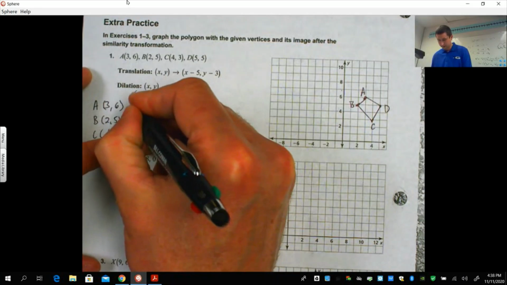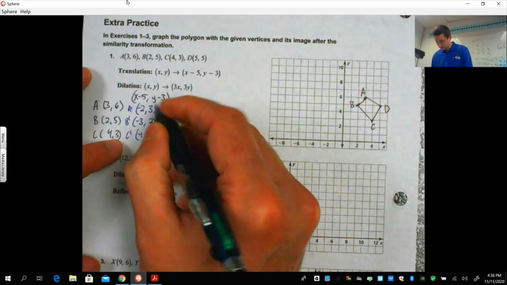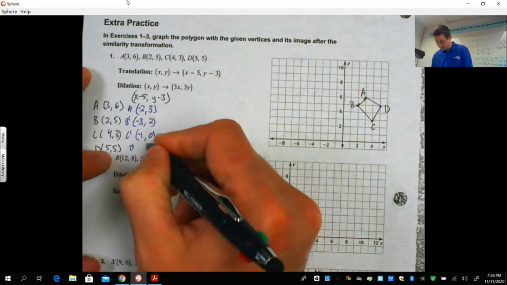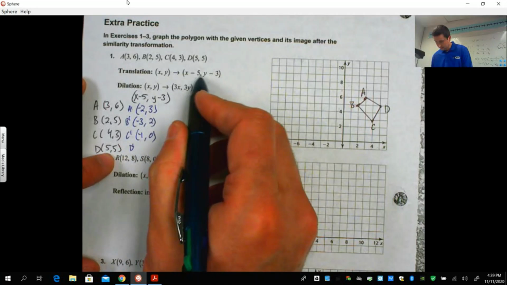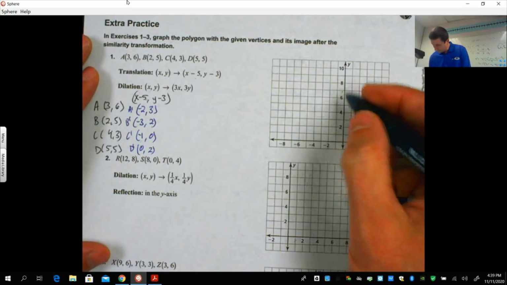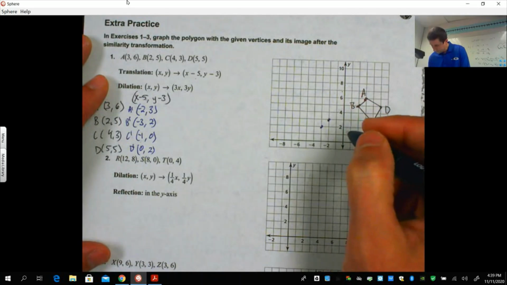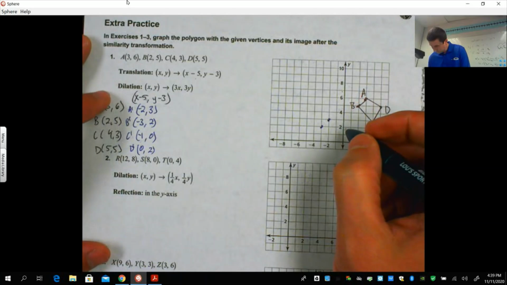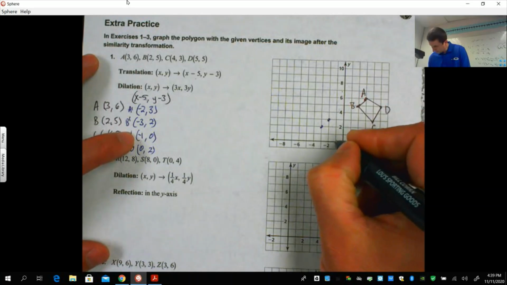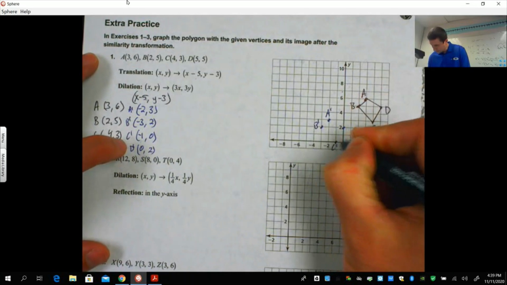A prime, B prime, here comes C prime: 4 minus 5 is negative 1, 3 minus 3 is 0. And then D prime: 5 minus 5 is 0, 5 minus 3 is 2. So let's put those on: (negative 2, 3), (negative 3, 2), (negative 1, 0), and (0, 2). So it'd be A prime, B prime, C prime, and D prime.